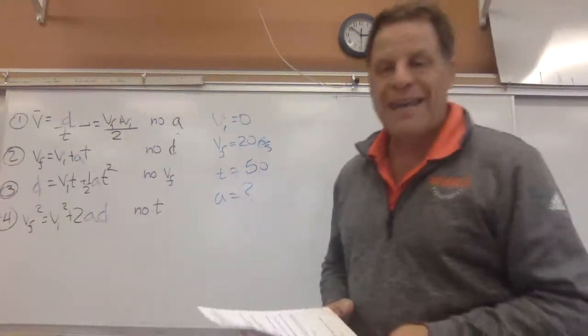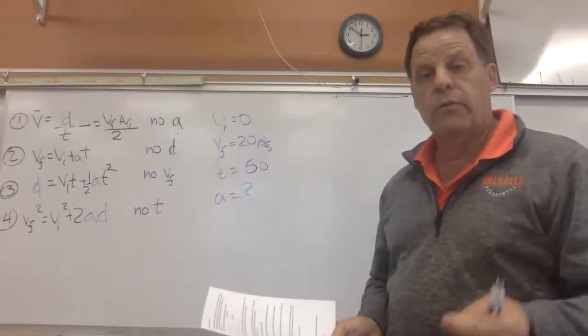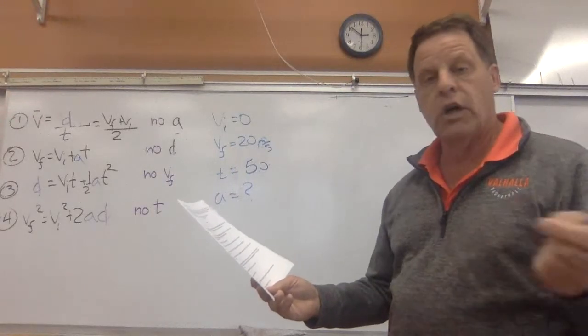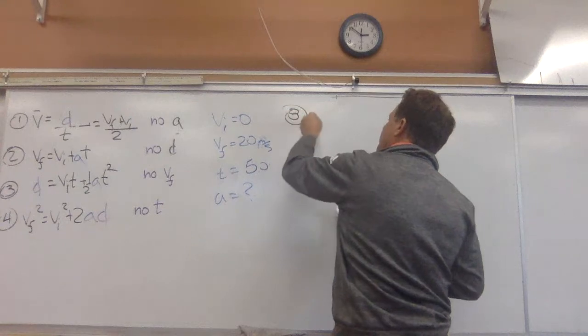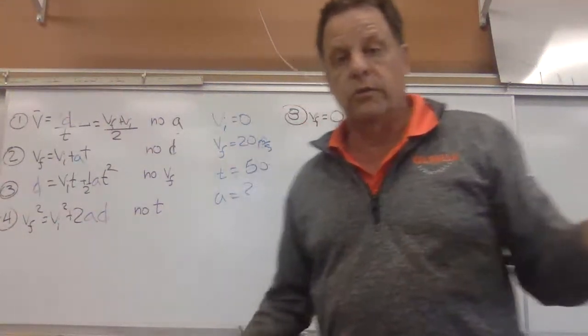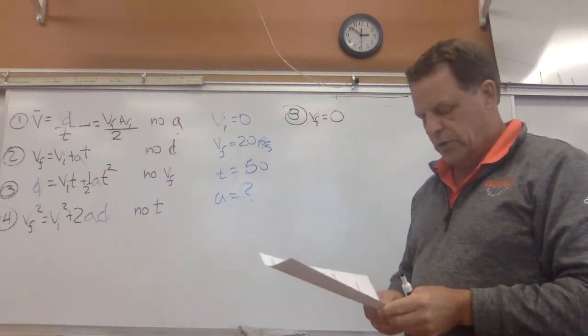Some of these quiz questions are just reading from the problem, and it says in there that the car comes to a stop. So for question number 8, the final velocity is just going to be 0 because that's just what the question is saying.